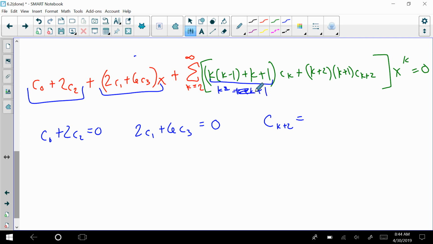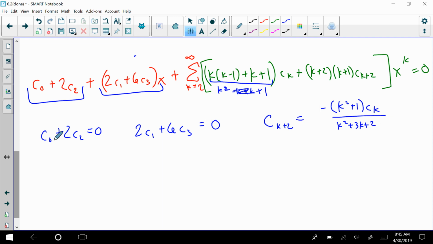These cancel out. So when I drag it across, I have a negative k squared plus 1 times my c sub k, divided by, well, I can multiply this out pretty easily. That's just k squared plus 3k plus 2.